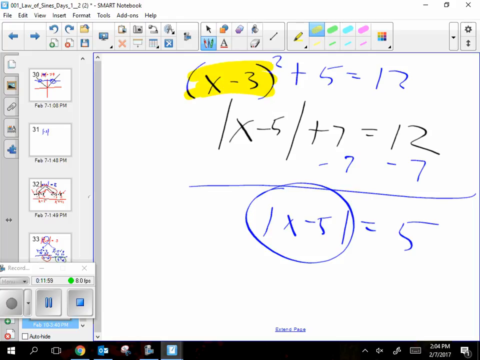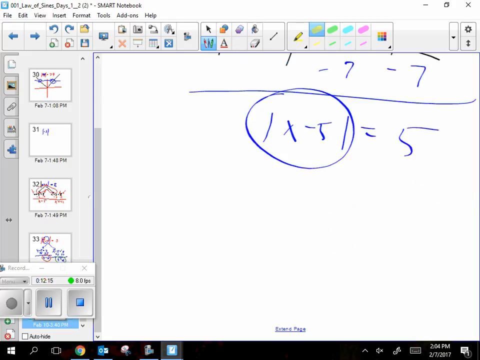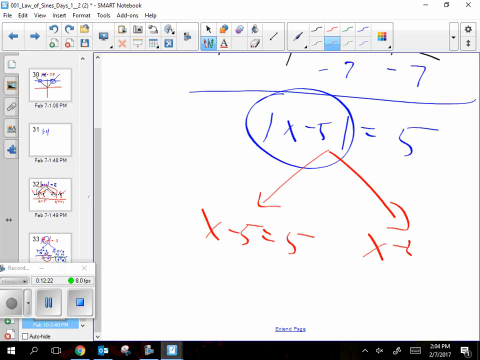So that's just extending it to like what you're going to see when you get to higher level math. All right. So this is the clump. I was getting it alone. I started by subtracting 7, and now it's almost like I'm done. But now is when it starts. X minus 5 equals 5, and x minus 5 equals negative 5.